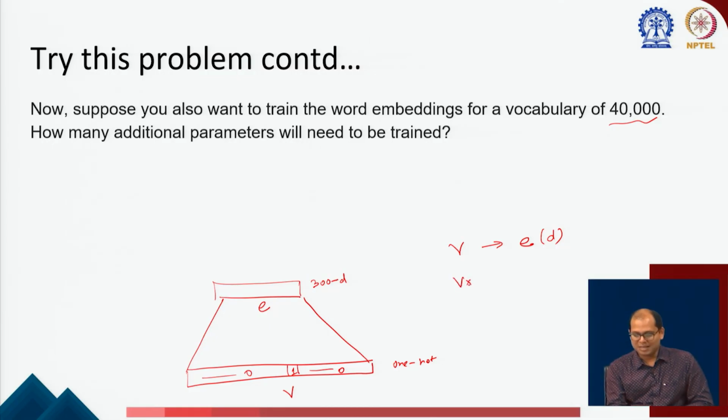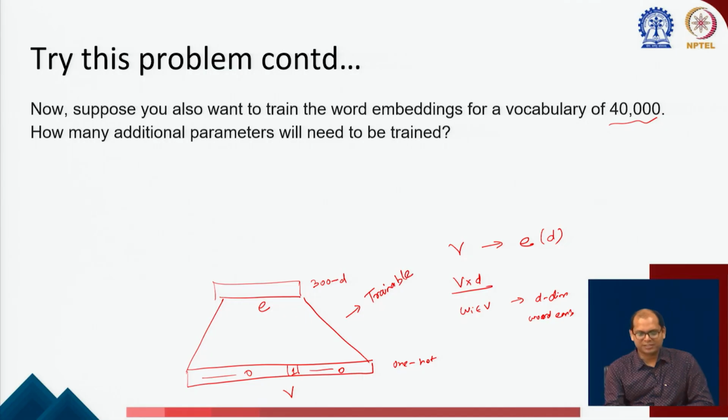So V cross D dimensions of this matrix. What does this matrix denote? It denotes the word embedding per word in the vocabulary. So for each word in the vocabulary, you have a d-dimension word embedding, and you can make this matrix trainable.